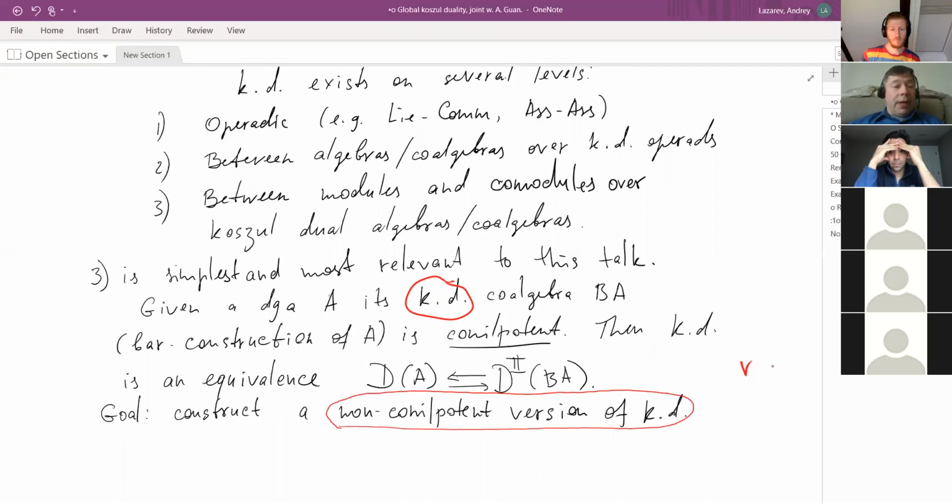Again, I'm not going to give you precise definitions just at the moment, but later on I will in a more general framework. My goal will be to construct a non-conilpotent version of Koszul duality. And I will start with giving you a motivation for this goal, because otherwise it might seem a little bit strange.